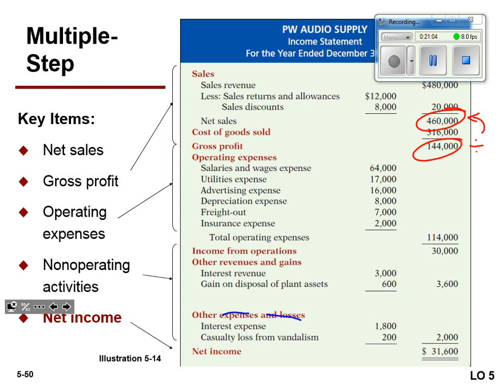What'd you get? So gross profit divided by net sales. That means for every dollar they're selling, their profit is 31 cents.